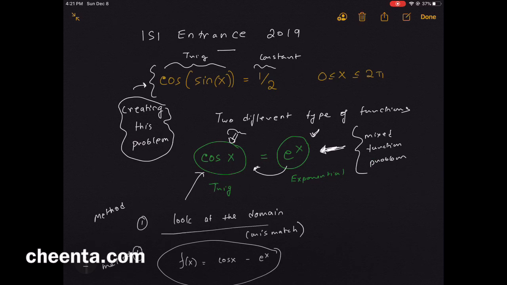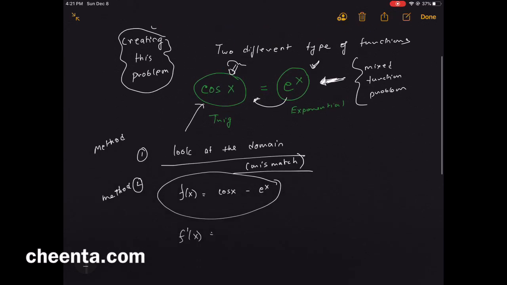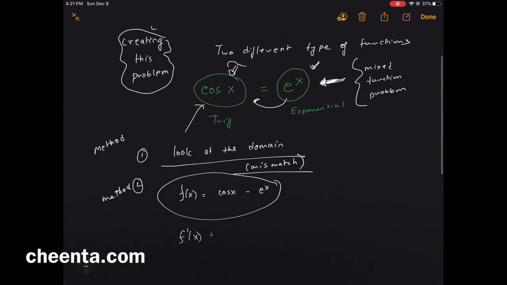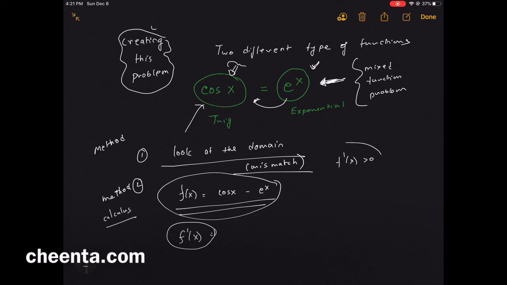You either look at the domain and look for a mismatch, or you use calculus and you create this type of auxiliary functions and take the derivative. If the derivative is always positive, then you can say, okay, there is only one solution. Why? Because if it crosses the x-axis, it will never cross the x-axis again.